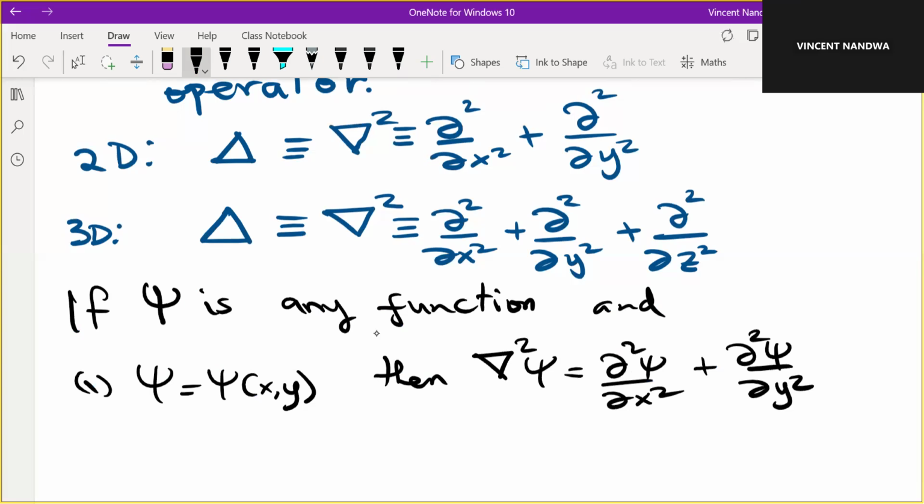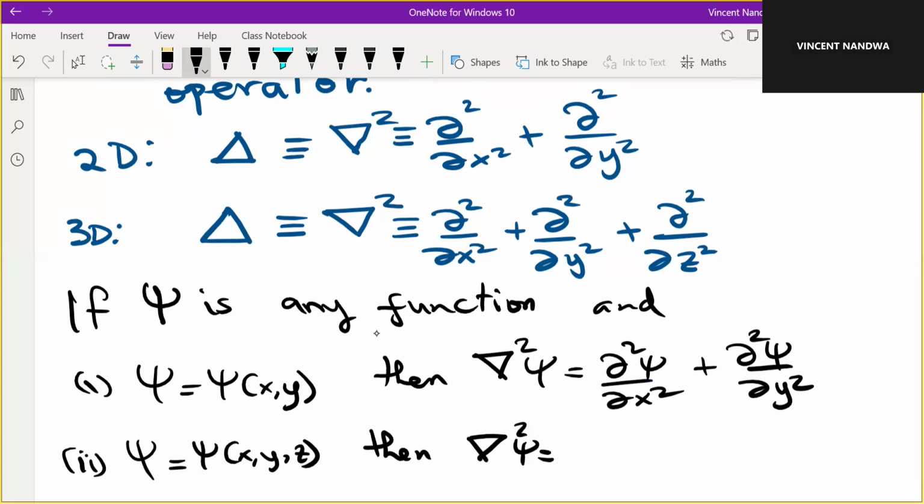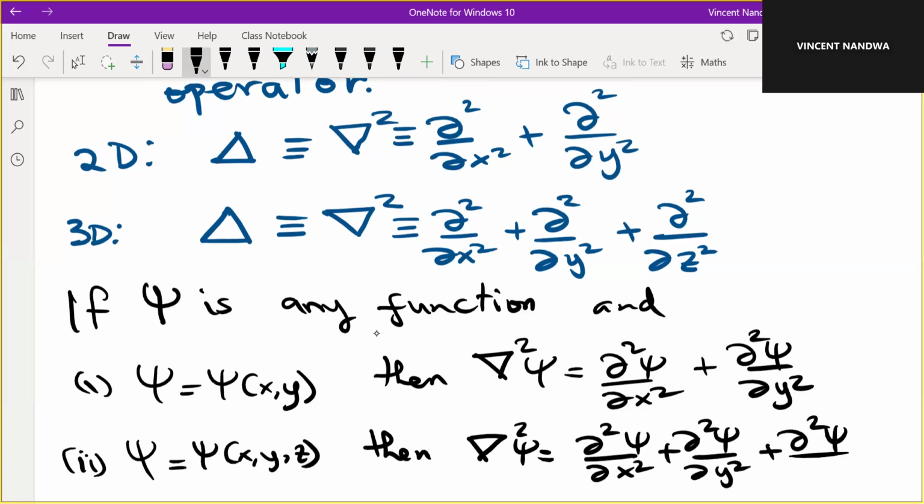And then two, if this phi depends on three variables x, y, and z, then we write partial squared phi partial x squared plus partial squared phi partial y squared plus partial squared phi partial z squared.